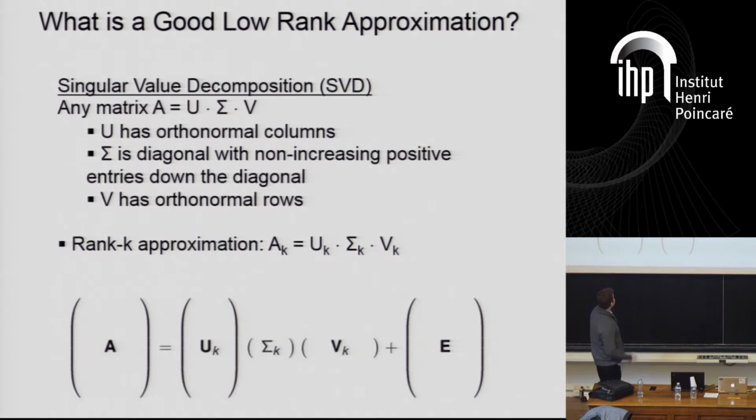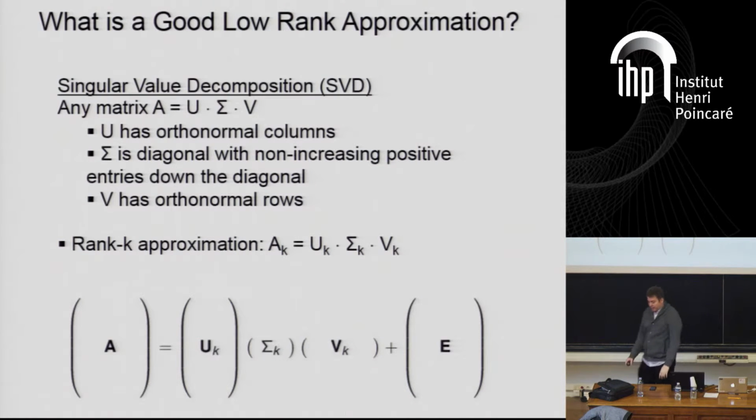The natural rank k approximation is the truncated SVD. I take the top k diagonal elements of sigma and zero out everything else. That corresponds to selecting the k leftmost vectors in U and the k uppermost vectors in V, and that gives me a rank k approximation to A with some error matrix.